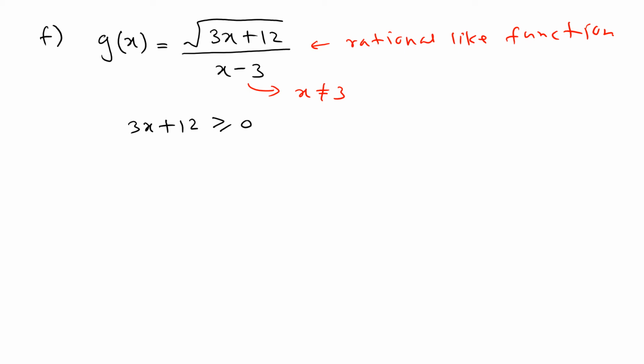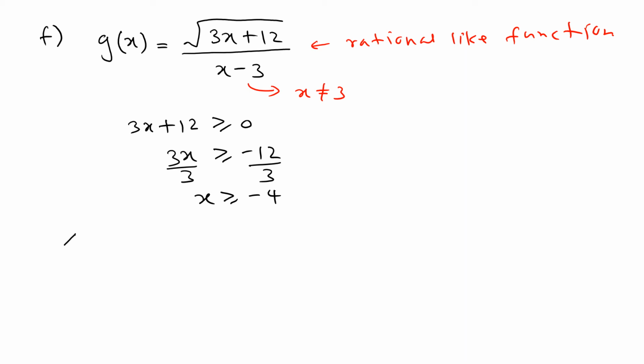Now we can solve this like before. This is very easy: move the term to the other side and divide by 3. This is a positive number, so it does not change the inequality. You get x greater than or equal to -4. But at the same time x cannot be equal to 3.